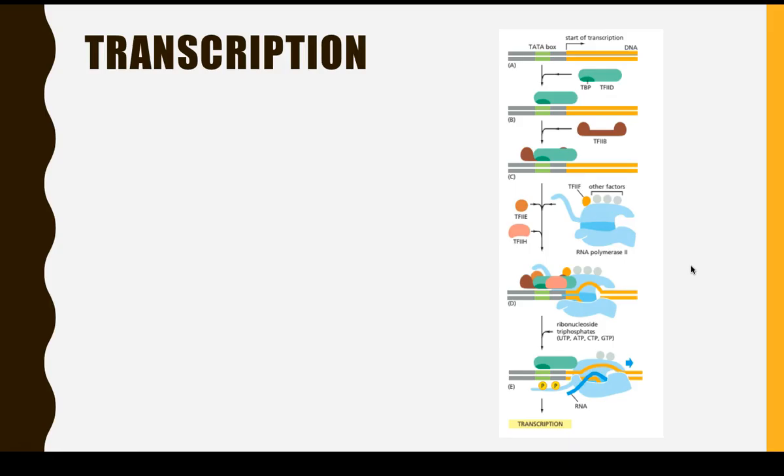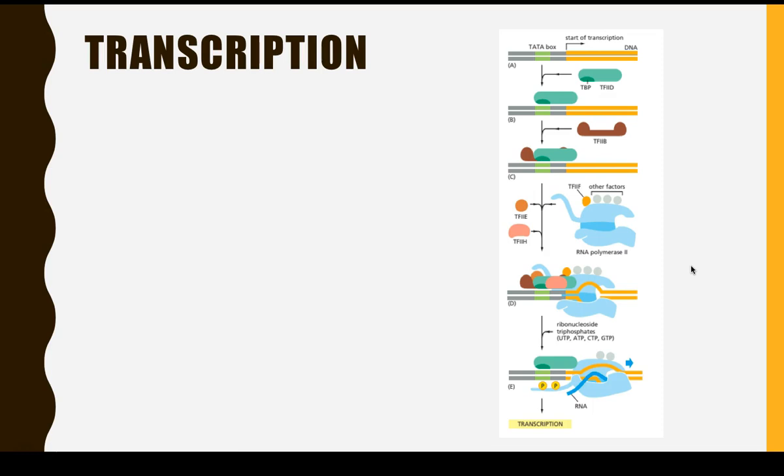Starting with transcription. In eukaryotes and archaea, there is a pre-initiation complex that forms before transcription can occur. There is a Tata box as a promoter sequence on DNA. Transcription factor 2D has a small subunit called Tata binding protein, or TBP.